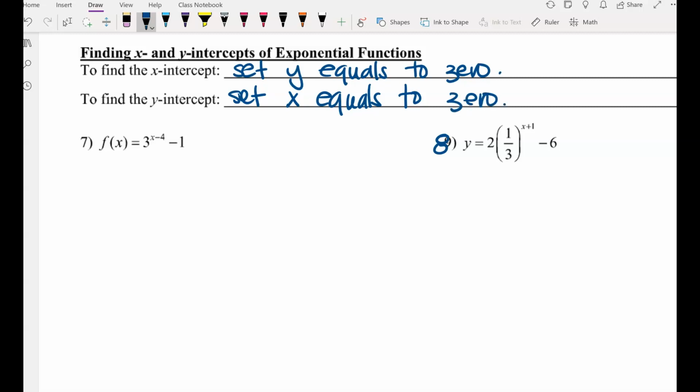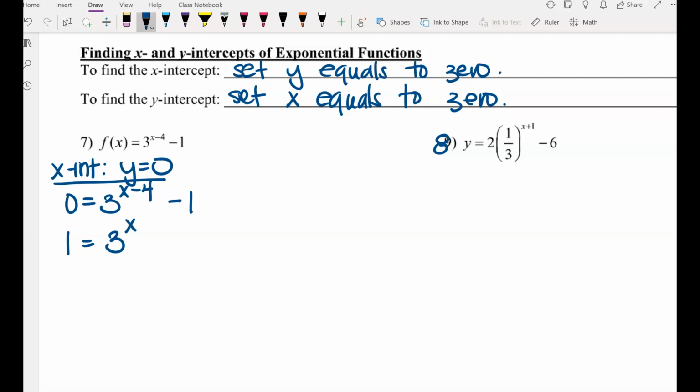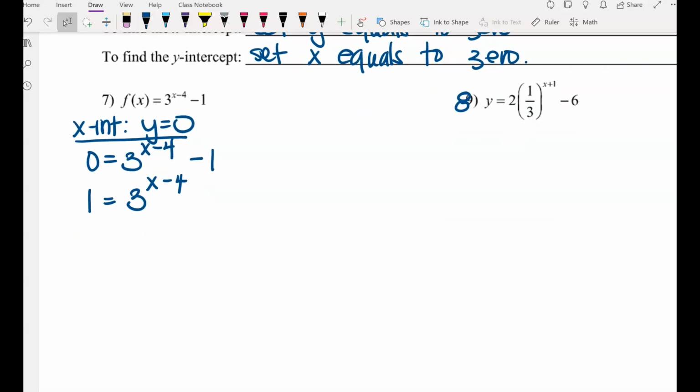So let's do x-intercept first. That means y will get 0. 0 equals 3 to the power of x minus 4 minus 1. This is solving just like the first 6 examples that we just got done. We would add 1 over because our goal is to isolate your base, okay? Now that the base is isolated, we need to rewrite it as an exponential.